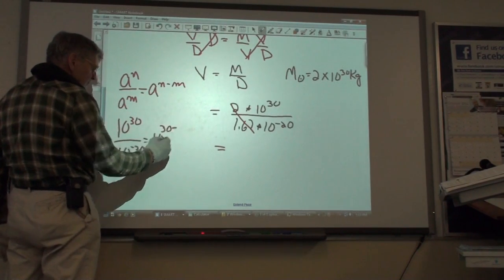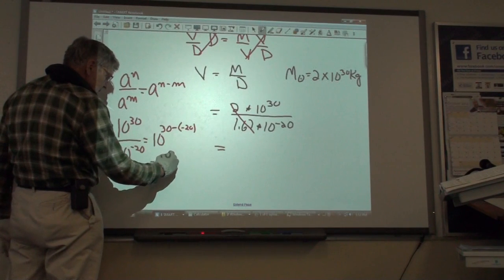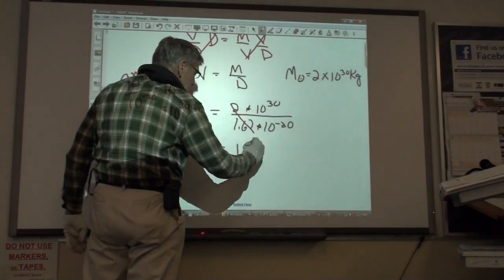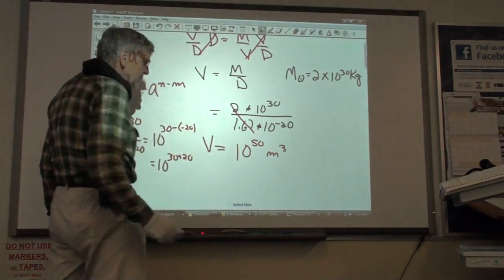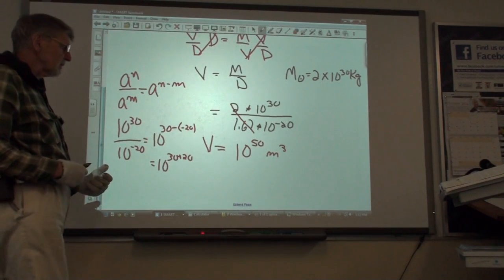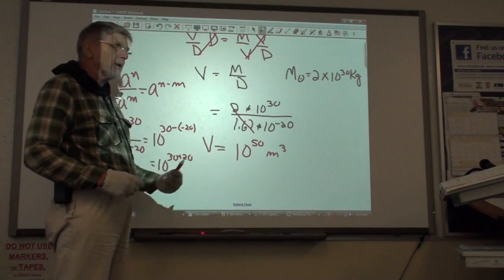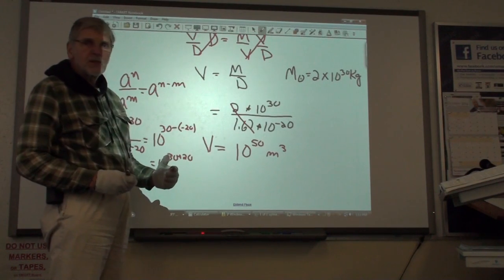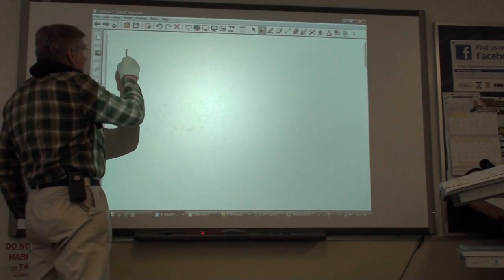There's a minus sign from the rule and another minus sign from the minus 20, so it is 10 to the 30 plus 20, which is 10 to the 50 meters cubed. So we have found that the volume of the interstellar cloud that would collapse into the present sun is 10 to the 50 cubic meters. In other words, this volume of the interstellar cloud contains the same amount of mass that is now present in our sun. So let's go to question B.